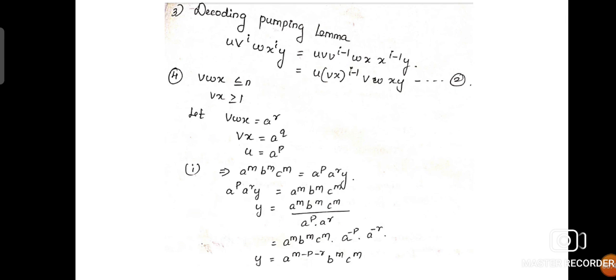Initially we assume vwx is one portion of our string, a power r. Then vx is a power q, and u is another sub-portion, a power p. Then after applying this in equation number 1, we get the value for y, which is the last portion of our string.